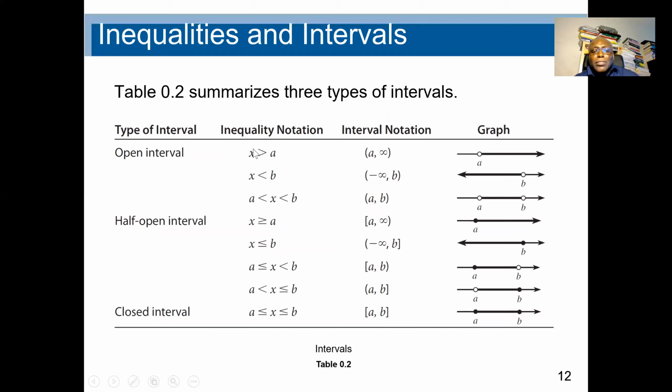So these are some of the examples. x is greater than a means from a to infinity. x is less than b means what? It's less, so negative infinity, the smallest value, up to b, with a closed interval. This means between a and b, closed interval.